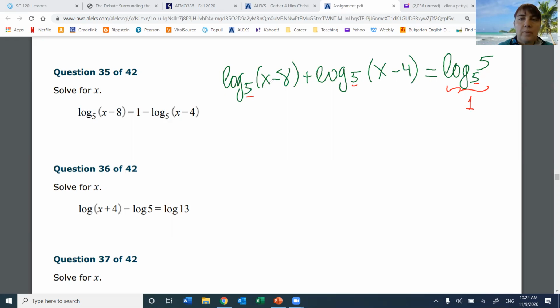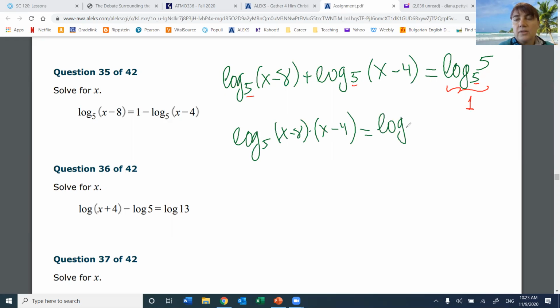Okay, so then we're combining here the logarithms. (x minus 8) times (x minus 4) should equal log base 5 of 5. Since the bases are the same, you can just take the insides and set them equal to each other.